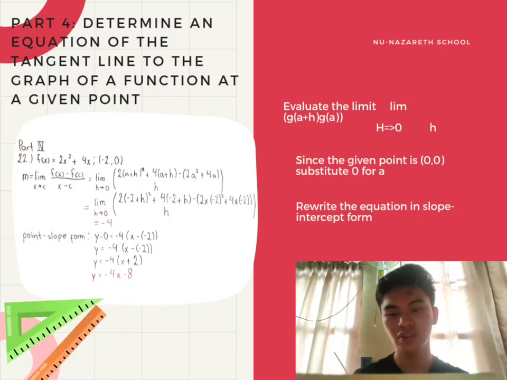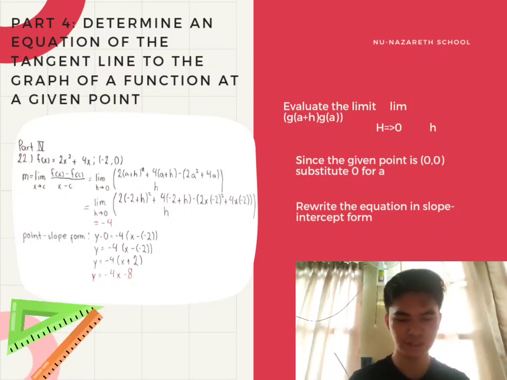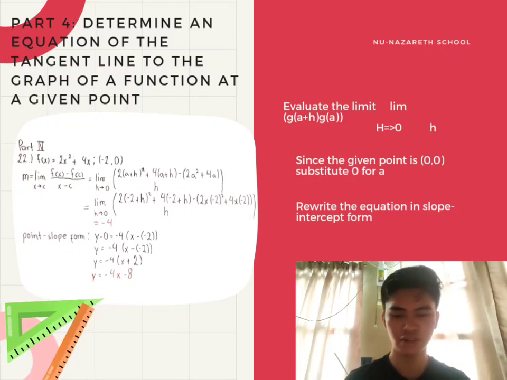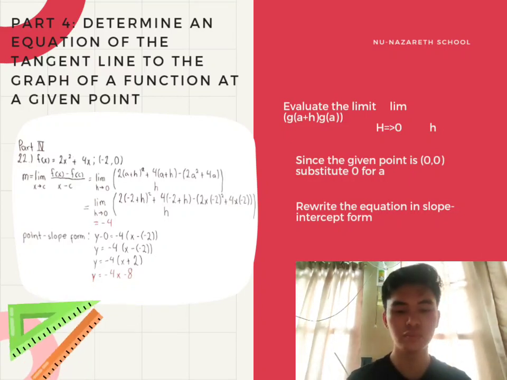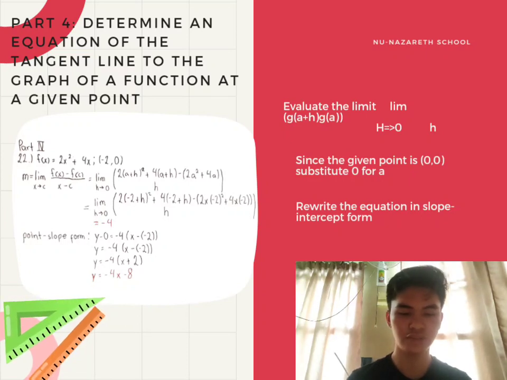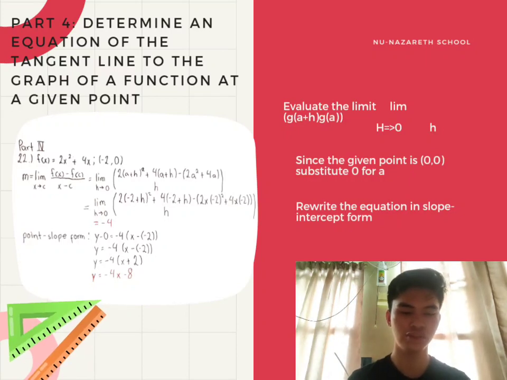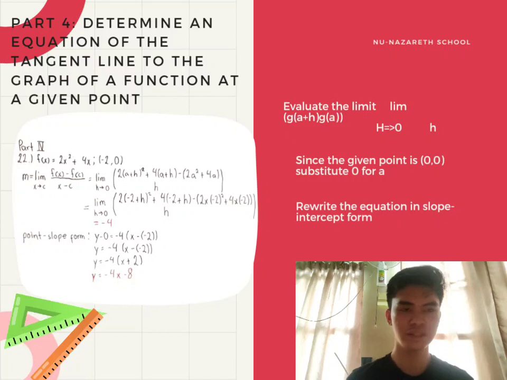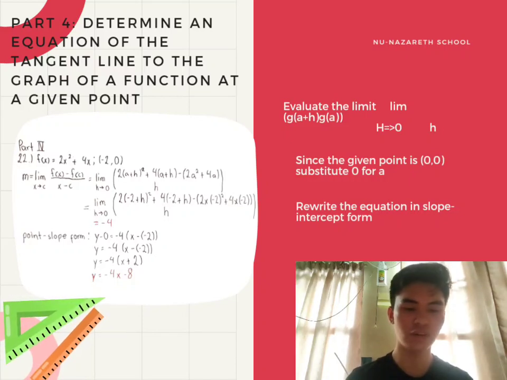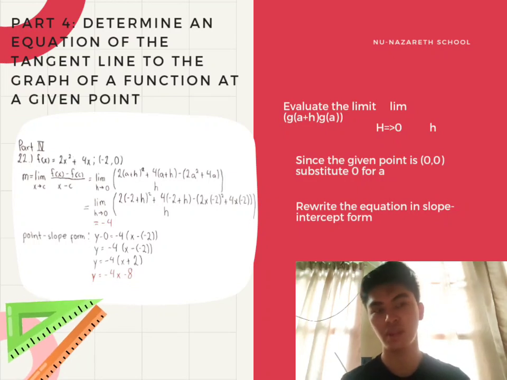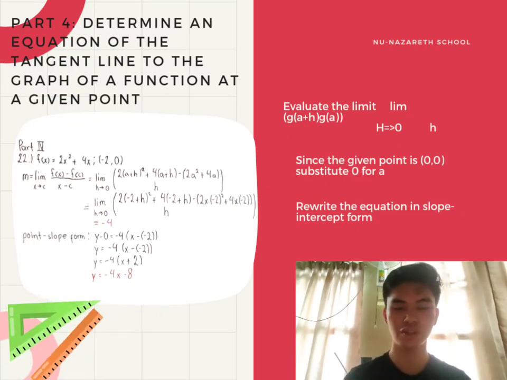So limit of h approaches 0, open parenthesis, 0 plus h cubed minus 4, open parenthesis, 0 plus h, close parenthesis, minus, open parenthesis, 0 cubed minus 4 times 0, close parenthesis, over h. So I got the answer, negative 4.